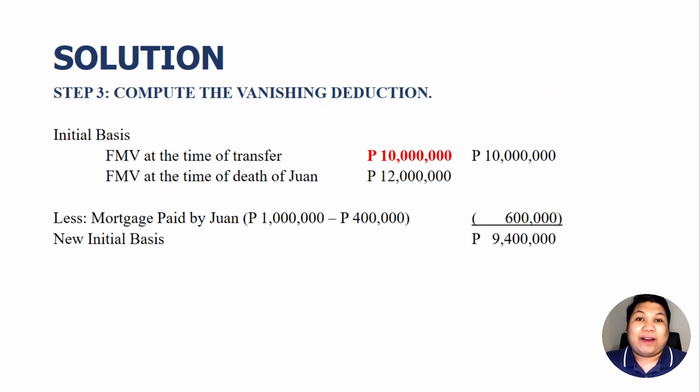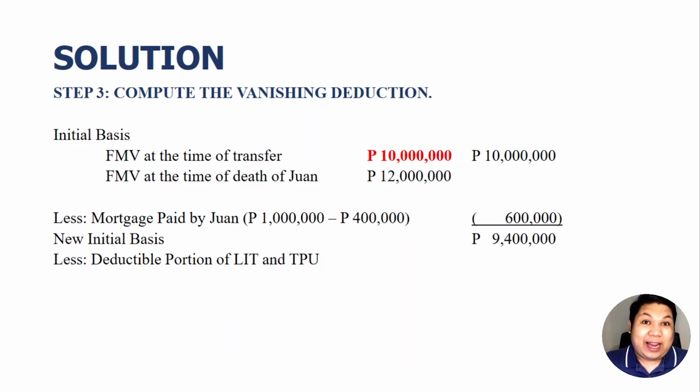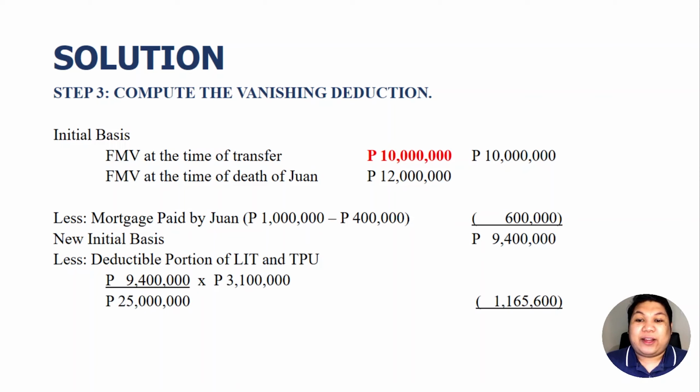And after we have determined the initial basis, we can now proportionate the lit plus transfer for public use. Remember that we have already computed the lit plus transfer for public use. That was actually in our step 2. That was 3,100,000. So it will become 9,400,000 divided by 25 million.